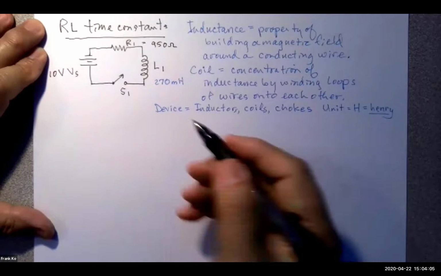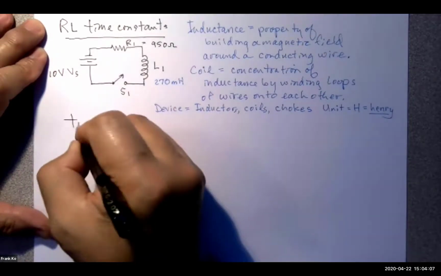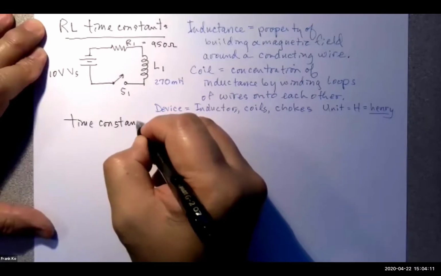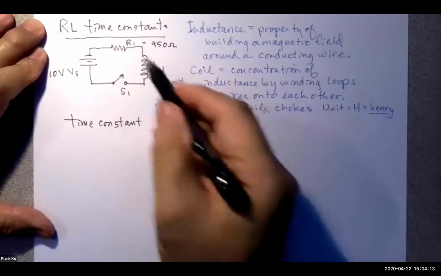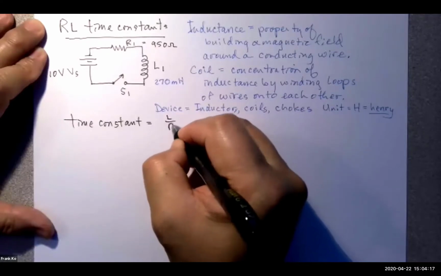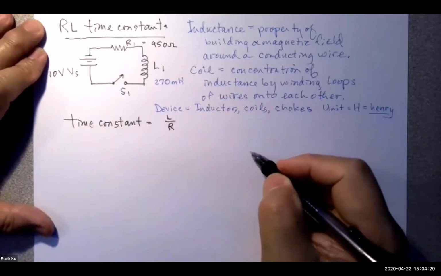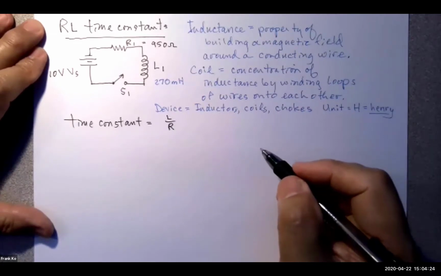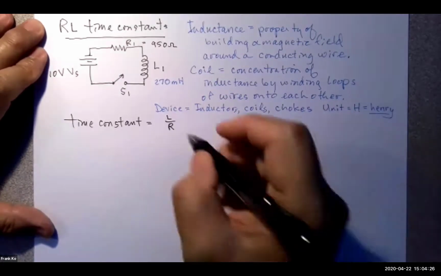Now, the time constant in this particular case is going to be an interaction between the L and the R, and it happens to be L over R. We're not multiplying in this case, this is a division.